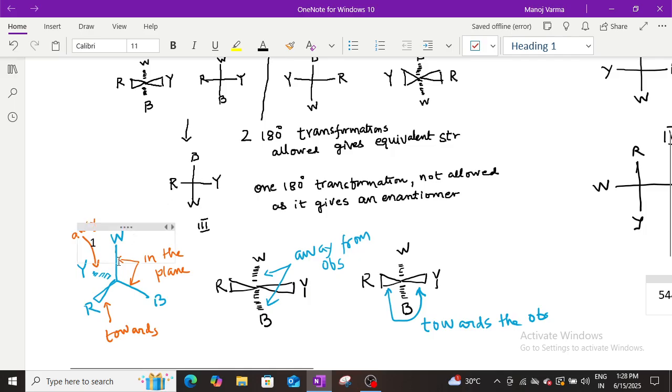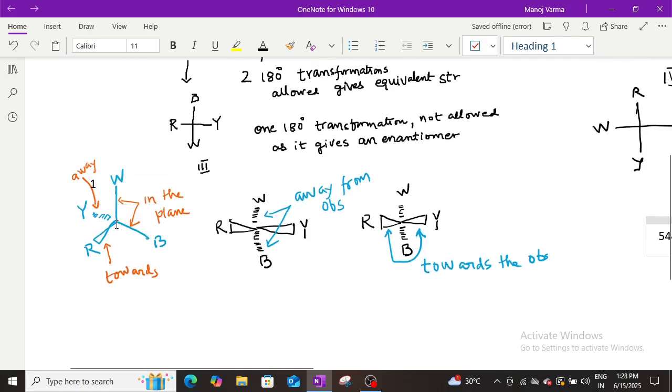So this same molecule which I have shown over here with two normal bonds and wedge and dash, this can be rotated in such a way that we have got two wedges and two dashes, and now the two wedges are the two bonds coming towards the observer, and these dashes are the bonds going away from the observer.